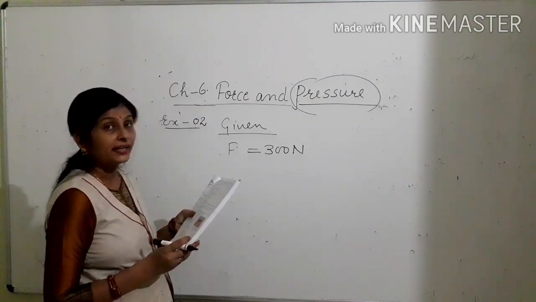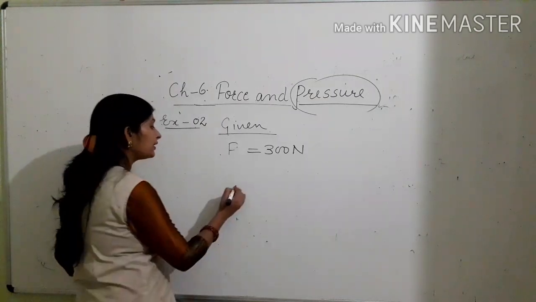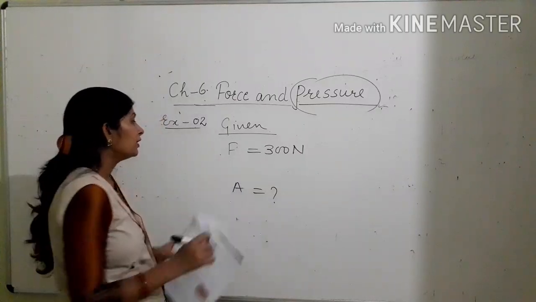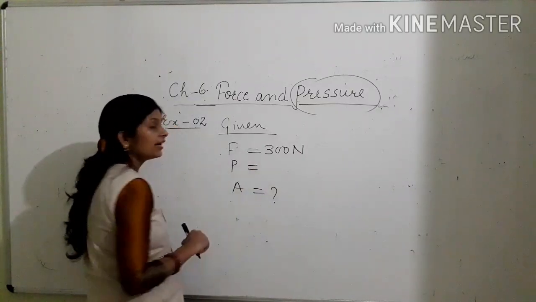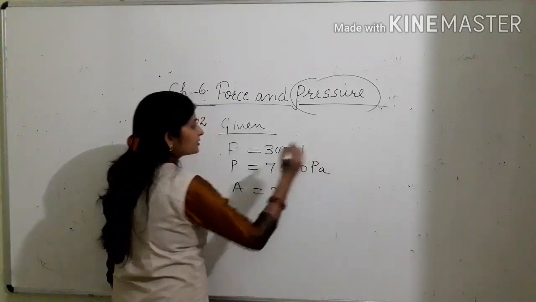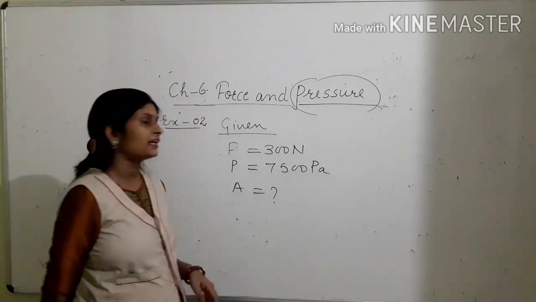On a certain area. But that area is not given. This we have to calculate. If the pressure created on that area is 7500 Pascal. So what is given?